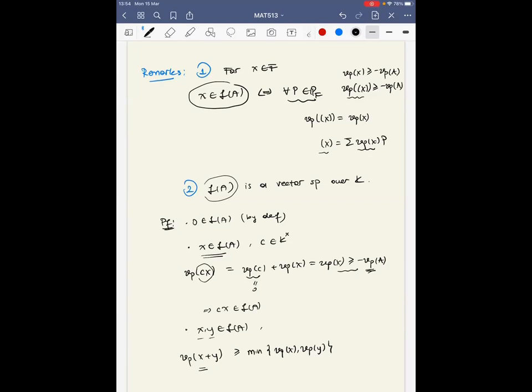And since x and y are in the L space, each one is bigger than or equal to minus v_P of A. And this shows us that this set forms a vector space, a K vector space.